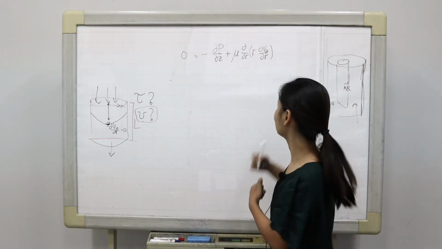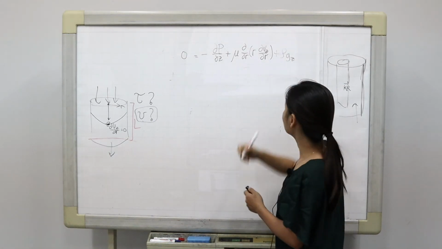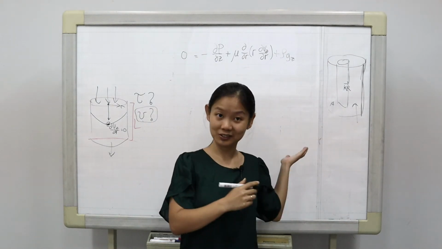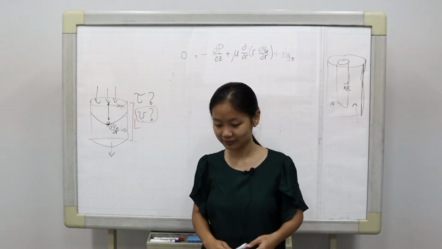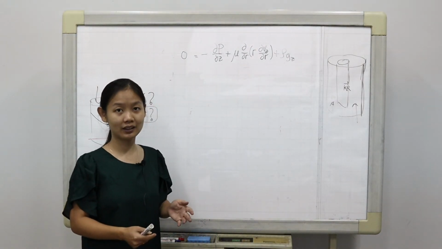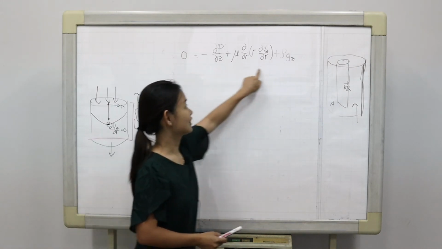Yes, we do have rho Gz, that's the hydrostatic pressure. So now let's go back to the whiteboard. From the equation of change in table B6, we have this.